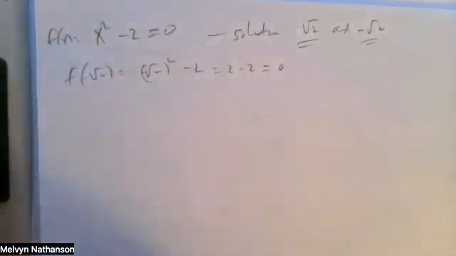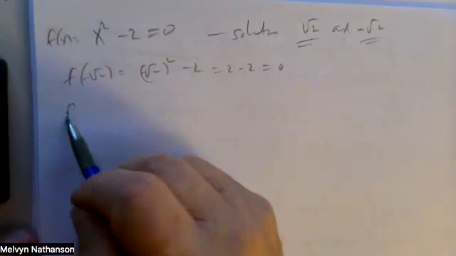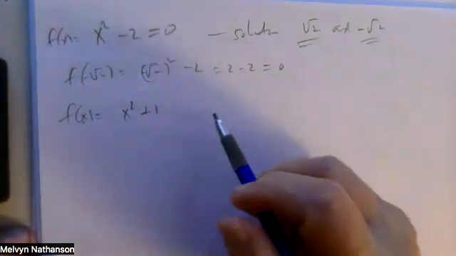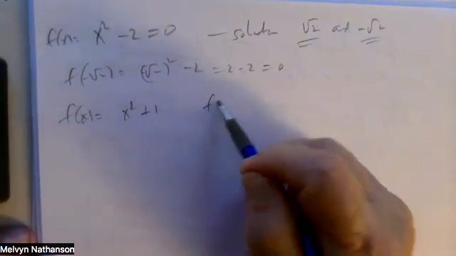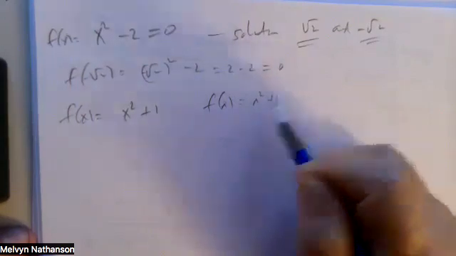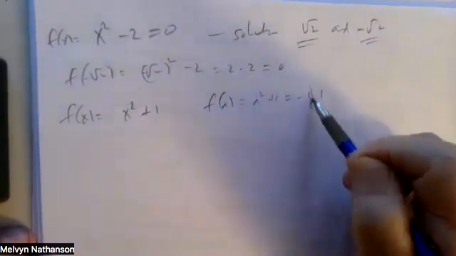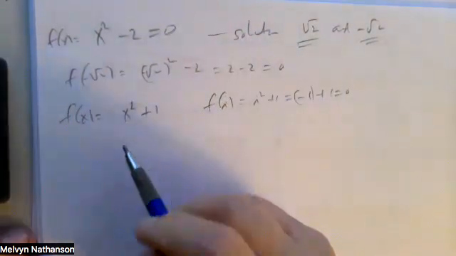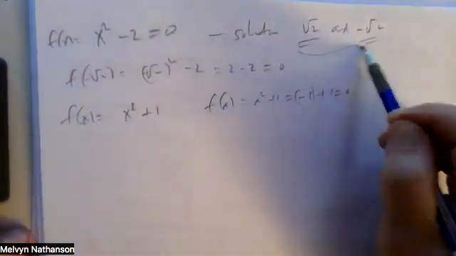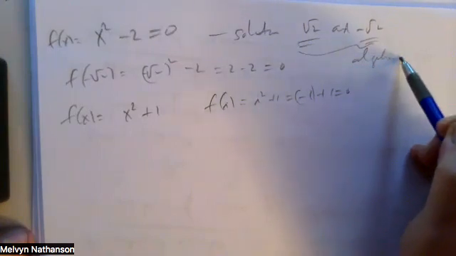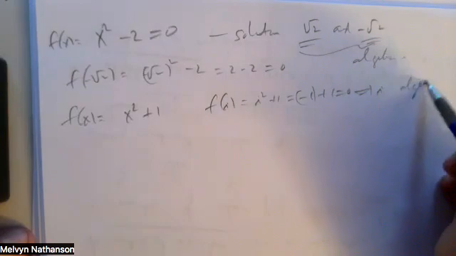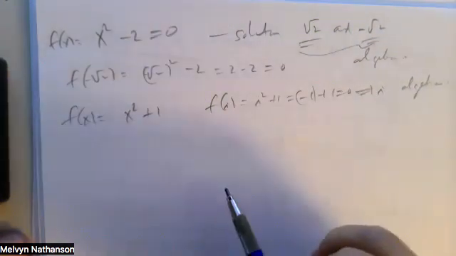So these are algebraic numbers. If you take f of x equal x squared plus 1, what is the solution? Well, f of i is i squared plus 1. i squared is minus 1, plus 1 is 0. So the complex number i is algebraic.